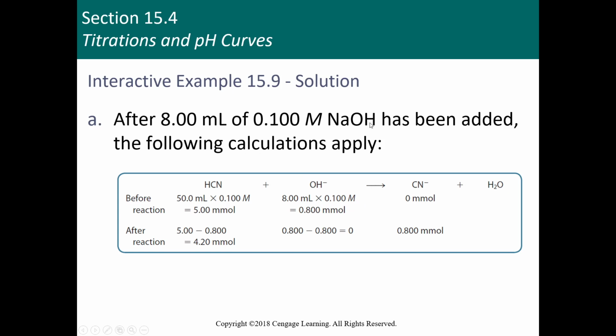That's a strong base. It's going to completely dissociate into Na+ and OH-. And so I get 0.8 millimoles of OH- that I'm reacting. That is going to use up 0.8 millimoles of this HCN. Once this reaction is completed, we will have 4.2 millimoles of the HCN, and we'll have produced 0.8 millimoles of the CN-, which is the conjugate base.